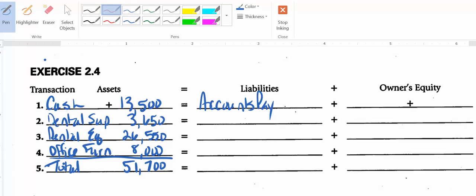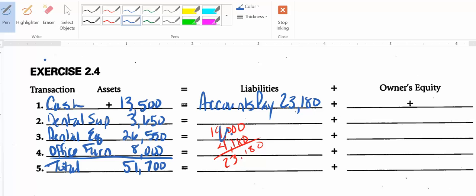And the 2 numbers are, let's see, number 1 was $19,000. I'm just kind of doing this math on the side here. And then number 4 was $4,180. So 23,180 is our balance in accounts payable.